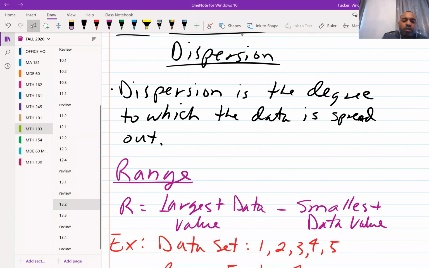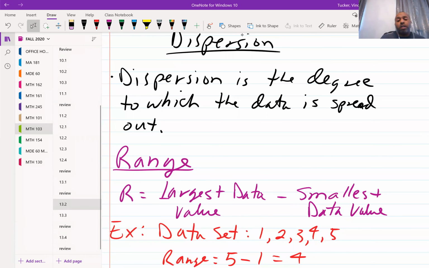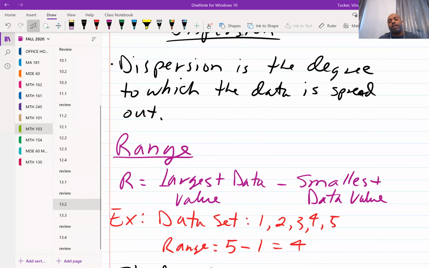One way we can look at or compare dispersion is looking at the range. That's going to be the largest data value minus the smallest data value. So if my data set, once again, is 1, 2, 3, 4, 5, to find the range, I will take 5, which is the largest, subtract 1, which is the smallest. That'll give me 4.